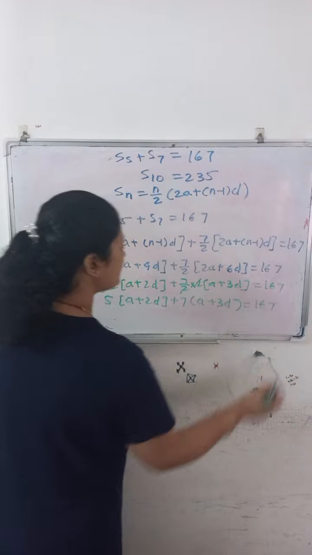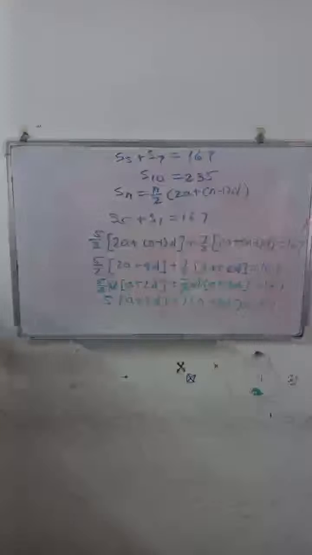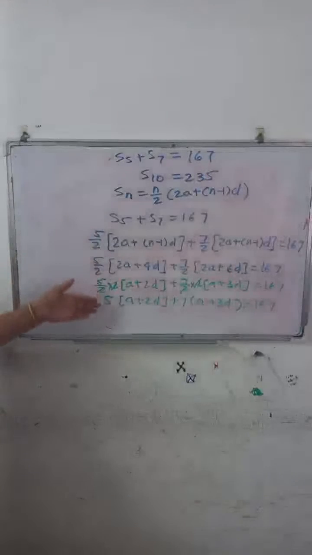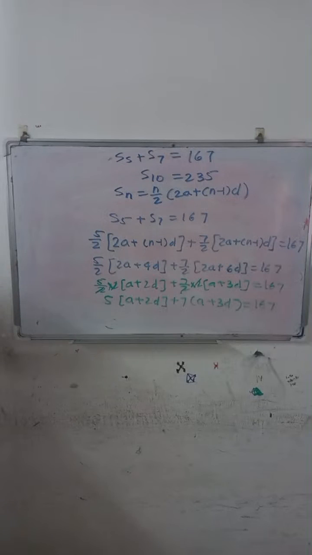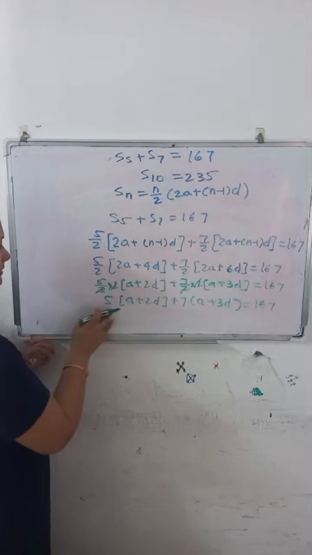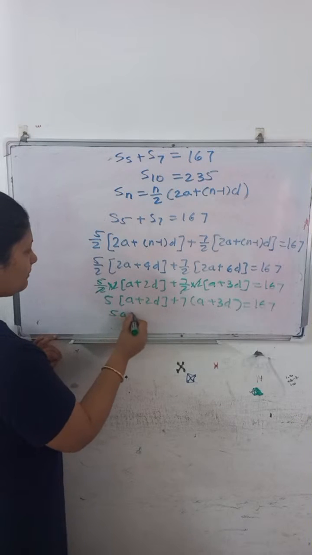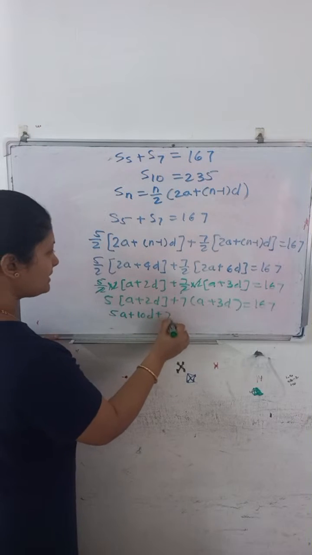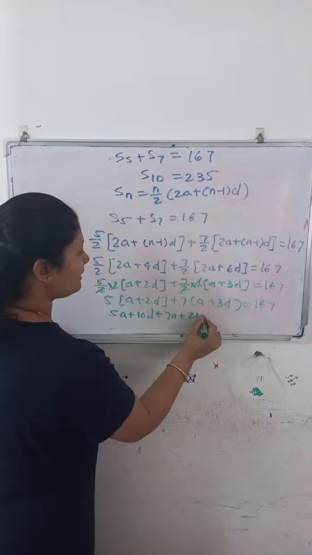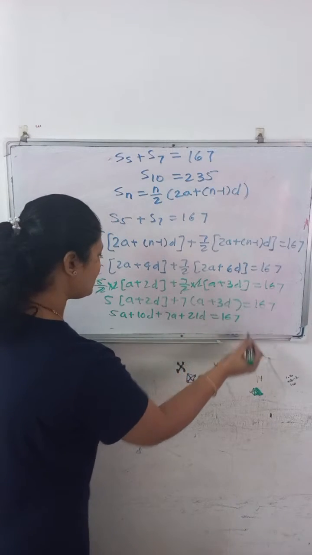How did I do it? Whatever prior information I know, from that I substituted the values and got this answer. Okay, so we can further simplify. Multiply this 5 inside this bracket. So 5a plus 10d plus 7a plus 21d is equal to 167.